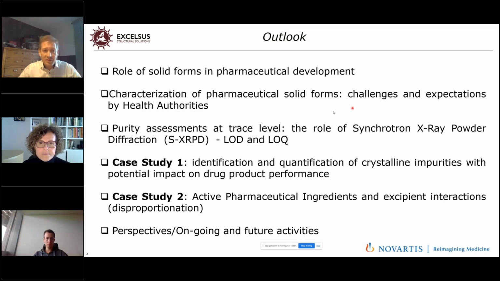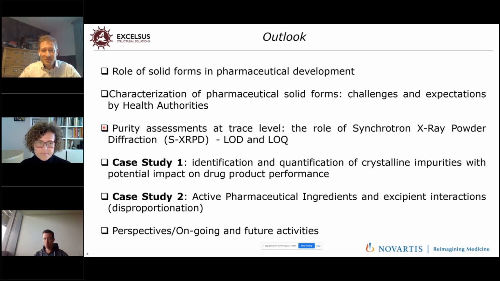So as an outline of the presentation, we will give a really short introduction about the role of solid forms in pharmaceutical development. I will guide you through some expectations from health authorities, and we will introduce some relevant elements in terms of limit of detection and limit of quantification.